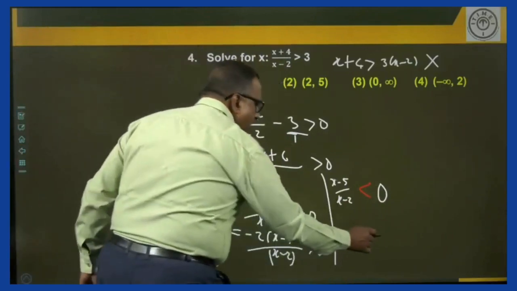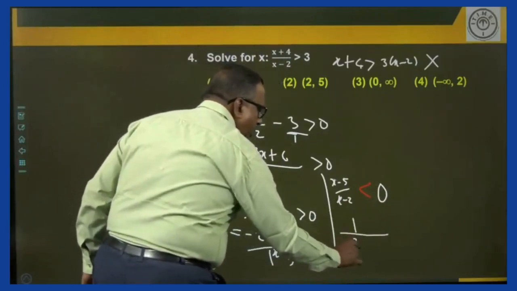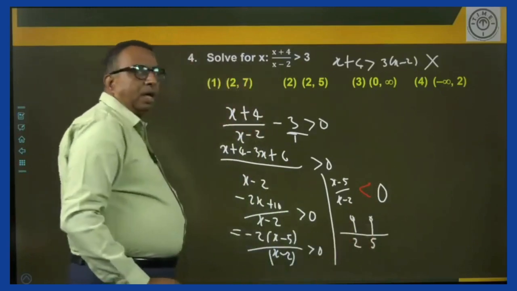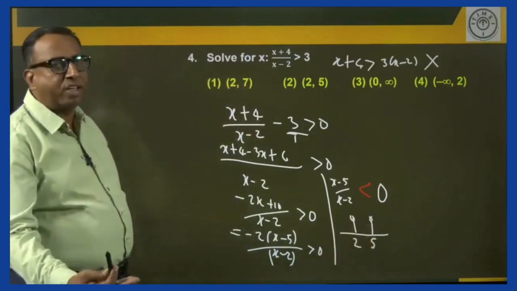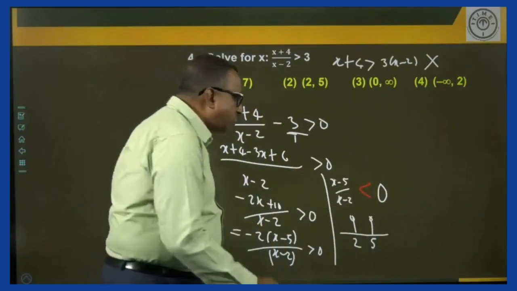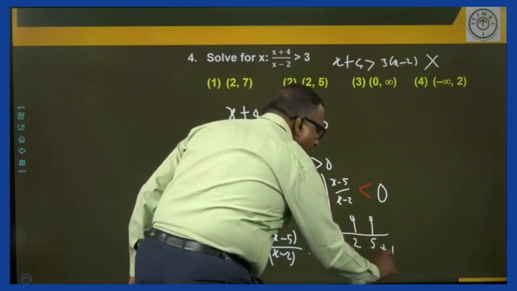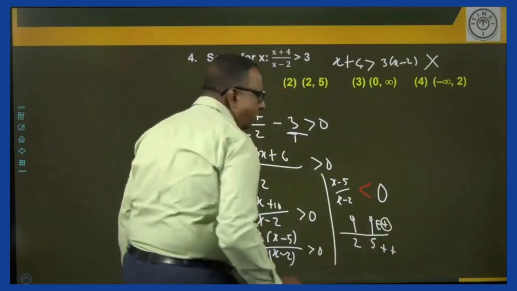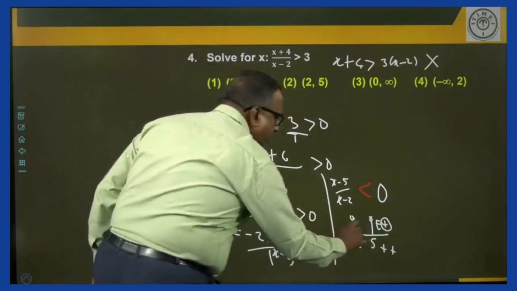Now again we go back to the same old story. There is 2, there is 5. Listen, if you put any number more than 5, say for example 6: 6 minus 5 is positive, 6 minus 2 is also positive. Expression is positive. Here the expression will be negative.